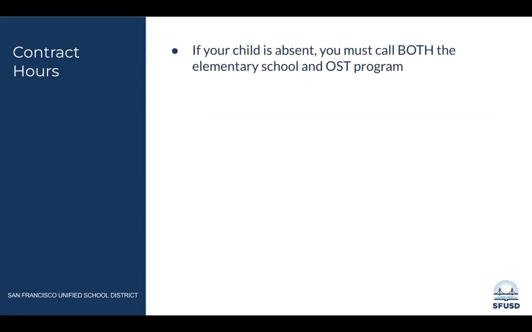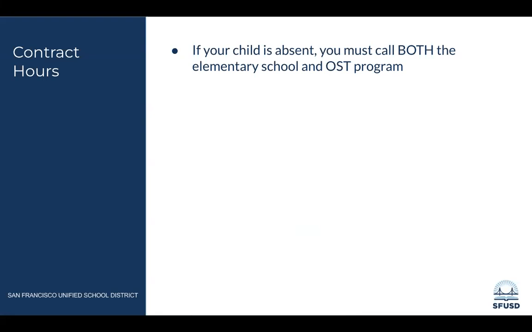This is really important. If your child is absent, you must call both the elementary school and also the OST program. We have a lot of instances where the child did not come to school in the morning and you told the elementary school, but then you did not tell the OST program.